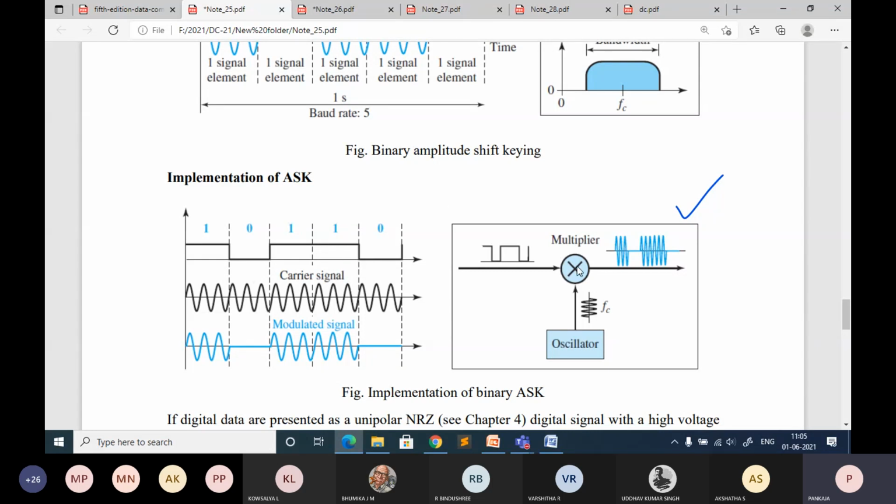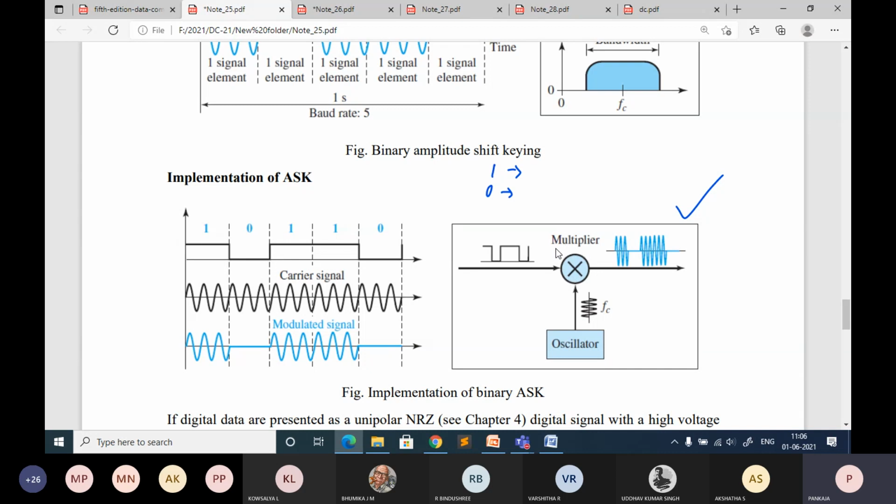When you multiply these two, you will be getting the modulated signal. That is amplitude shift keying, where you modulate to different amplitudes. One is represented with a high amplitude, and if it is bit 0, it is represented with 0 amplitude.